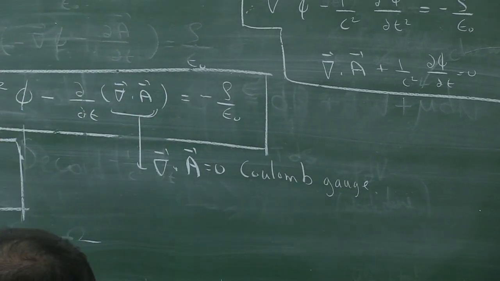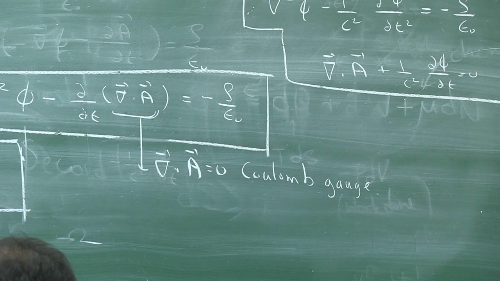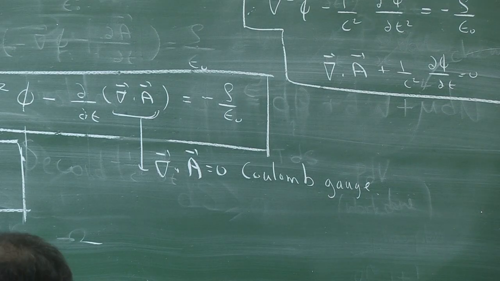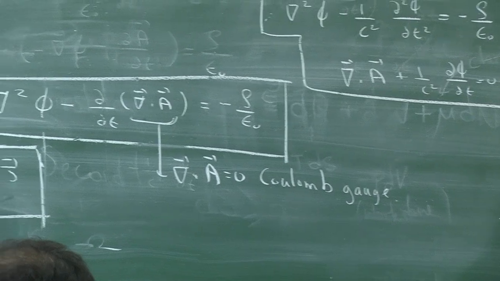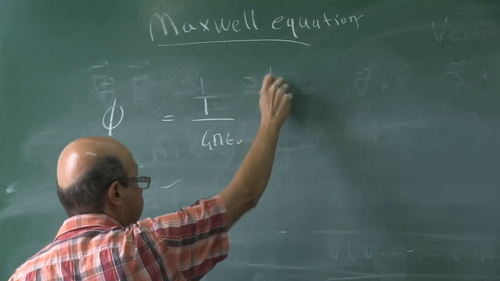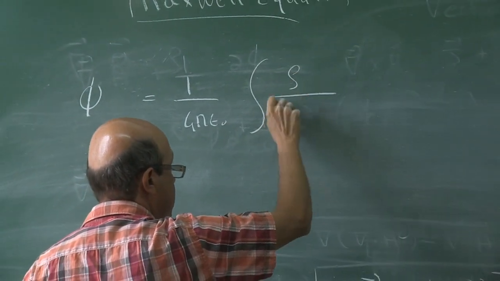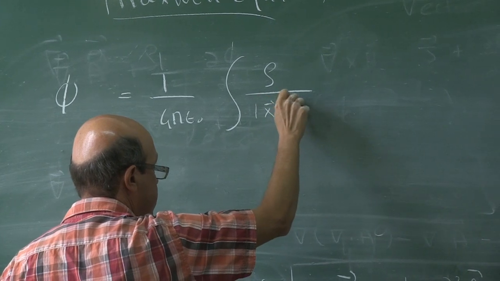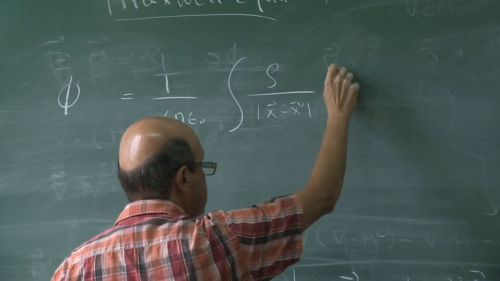And you can automatically write the solution, because this is the Poisson equation, you know the solution. So the solution should be what? 1 over 4 pi epsilon 0, charge density over x minus x prime, integrated through the volume.